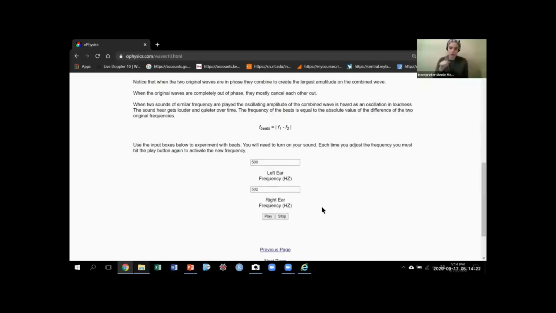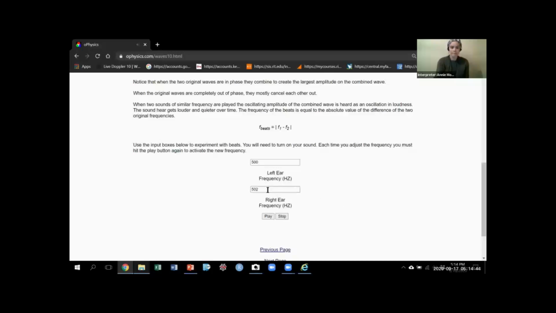If you take two tuning forks, one has 500 hertz, the other has 502 hertz, and you sound them together, if you can hear, you will hear this ringing sound.